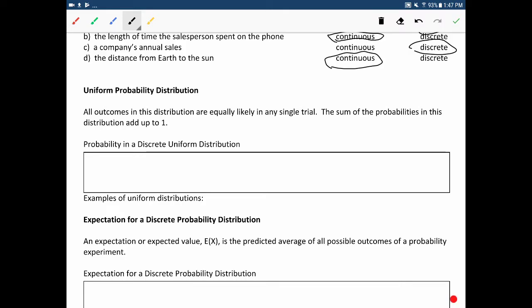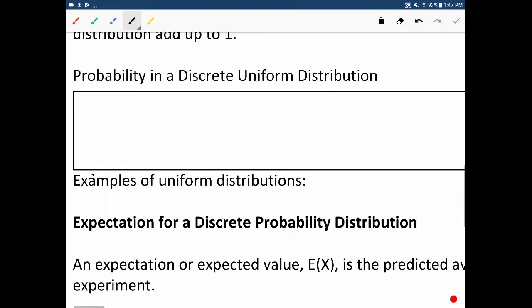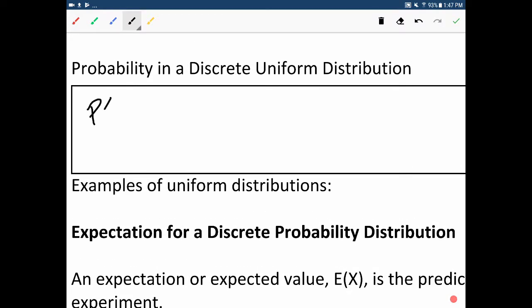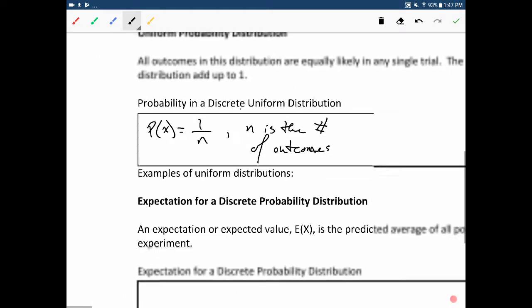So if every outcome is equally likely and nothing has the advantage here, then the probability of x is going to just be 1 over n, where n is the number of outcomes.